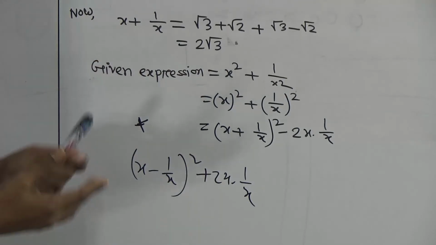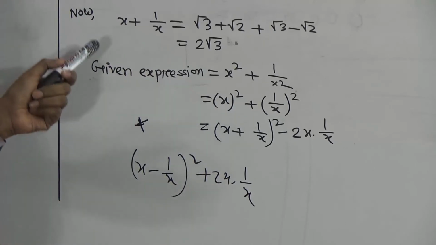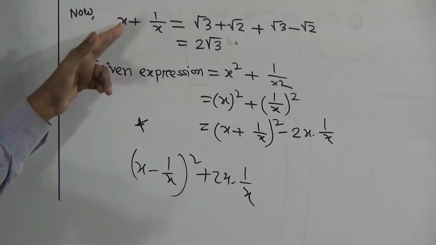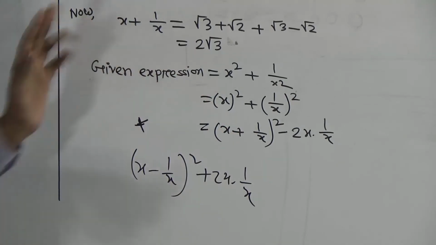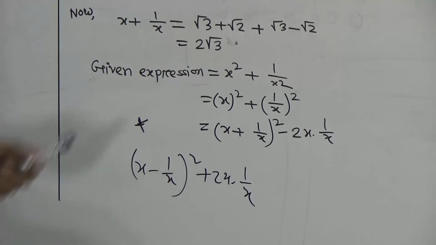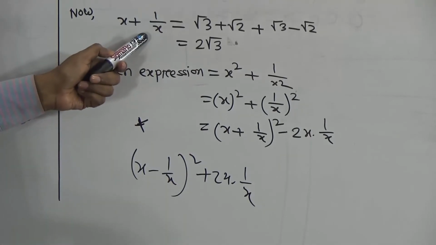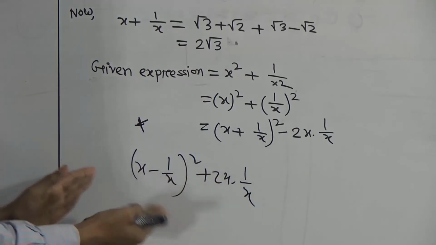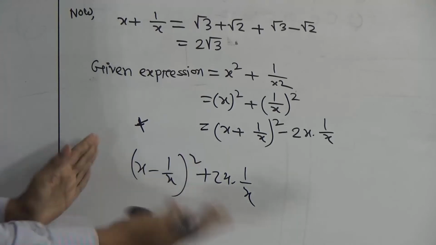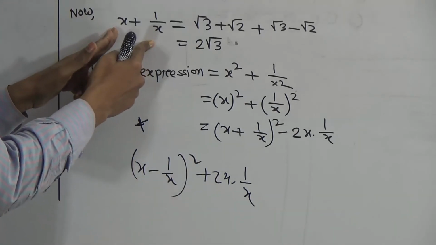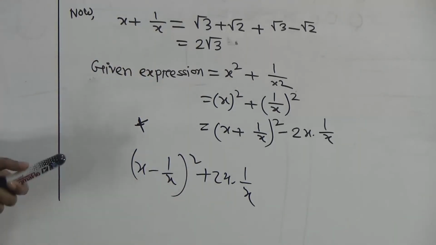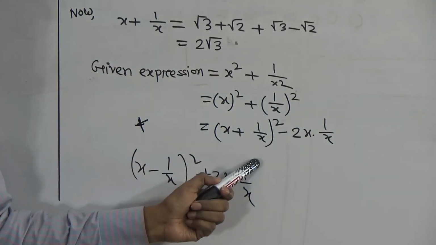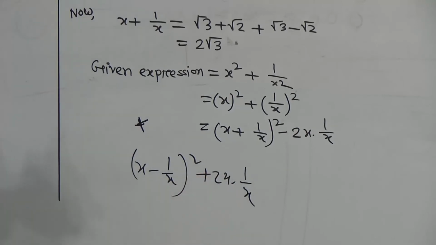Using this result, we determine using the value of x plus 1 by x. So at first we will determine x plus 1 by x. If now I use this formula, then we cannot get x minus 1 by x. As we already found the value of x plus 1 by x, so I have used this formula. Okay? I hope you understood.